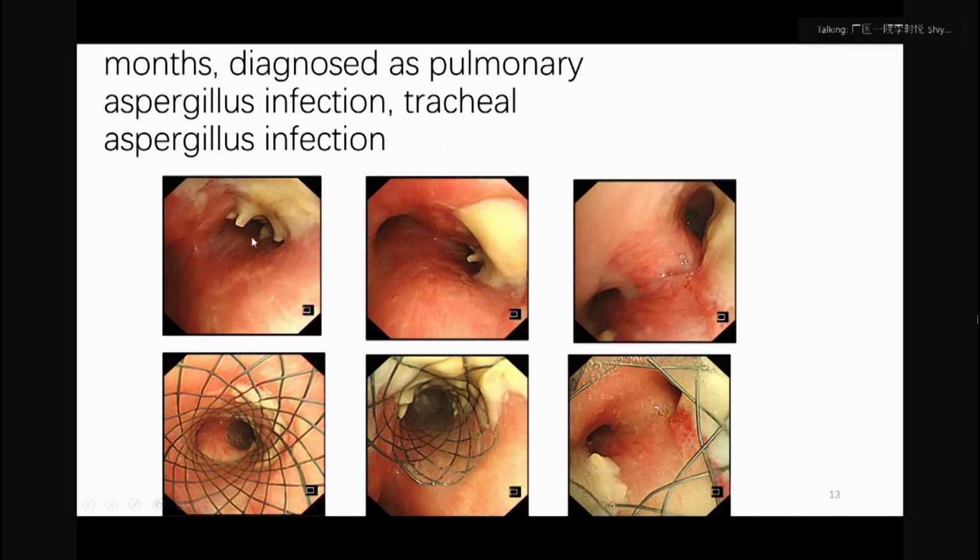So as we see here, the tracheal collapse here and the right main bronchus, and then we put the bare L-shaped metal stent. Here we can see the trachea, and here is the right main bronchus.